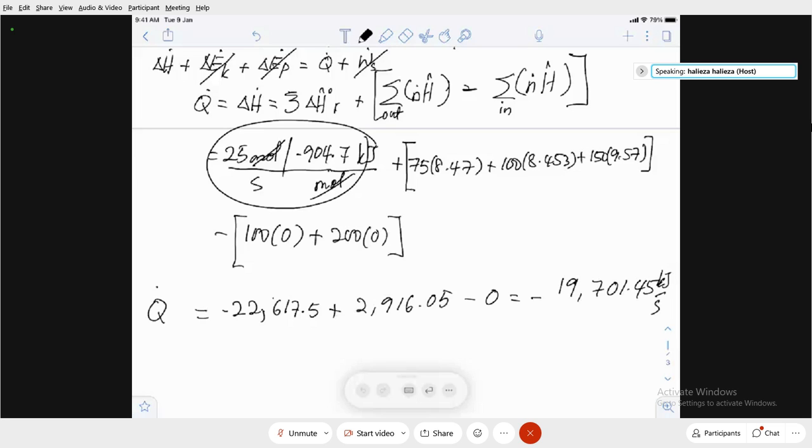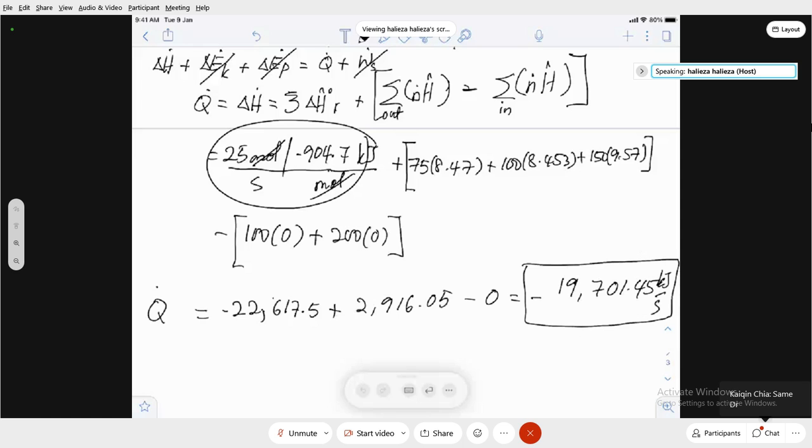Did anybody get a different value? Still on the way, calculating. I saw the answer from the solution is negative 19,700 kilowatt. I think the textbook rounds it off.